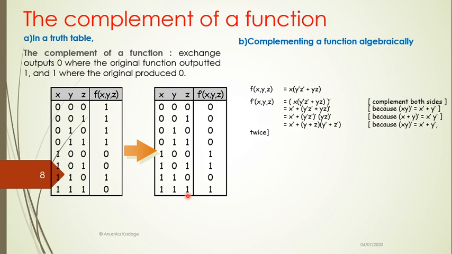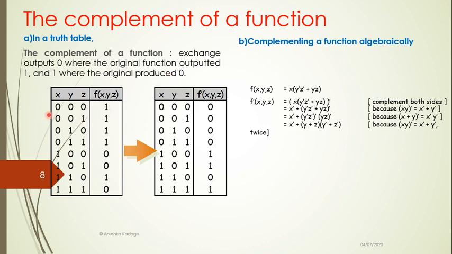Now there is another technique in which we write these functions with the help of complement in the truth table itself. Suppose I exchange the outputs, putting 0 where the original function output 1 and 1 where the original function produced 0.